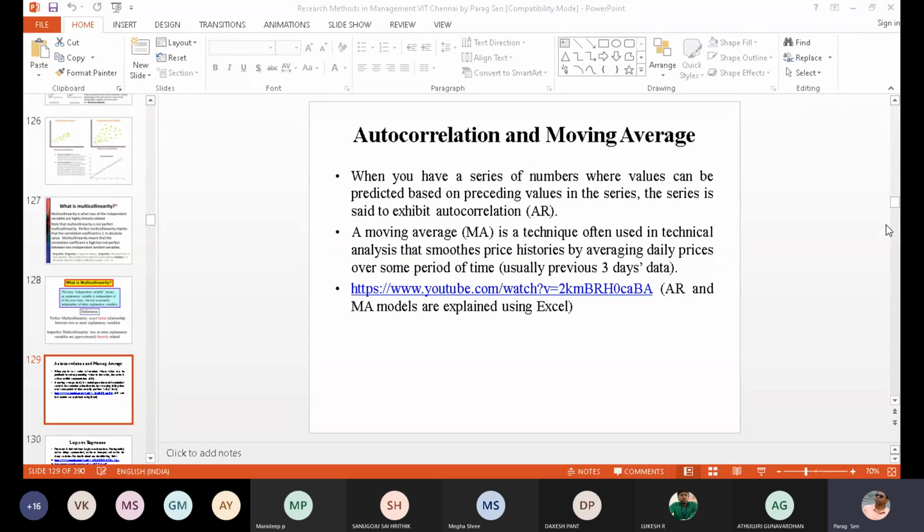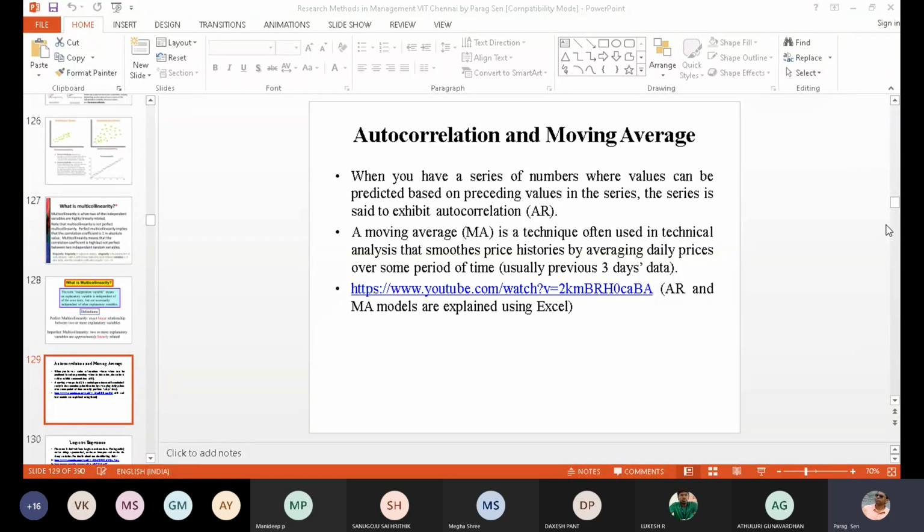We have talked about the independent variable and the dependent variable, but you can assume that in some cases the independent variable and dependent variable can both be the same. If you consider it this way, then you may get the idea of autocorrelation.